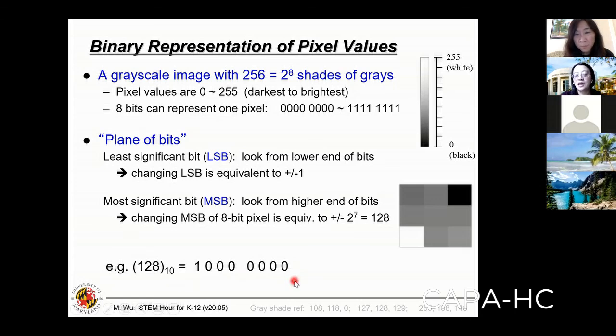In that situation, when we design the computer, we will hardwire it to tell the computer that this is called LSB, and this is the MSB, the most significant bit. And there are some variations of that strategy.